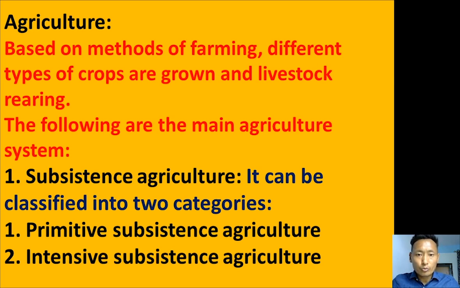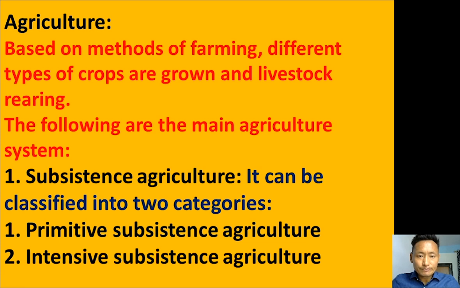And finally output, we are going to harvest the crops. Because of these three processes, we can call agriculture a system, because all these activities are included in agriculture.